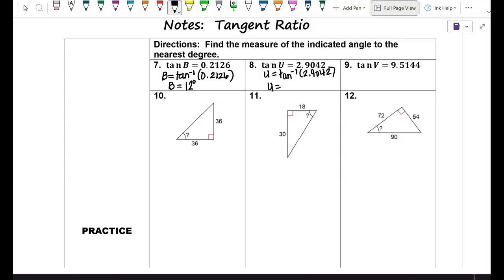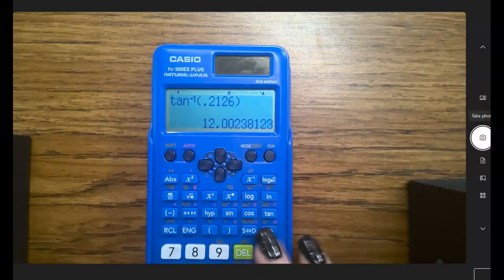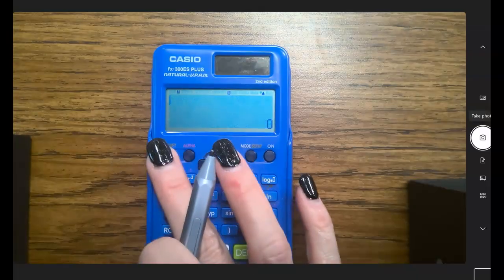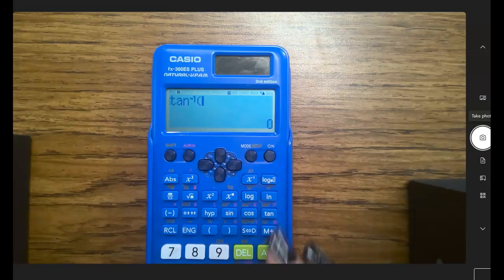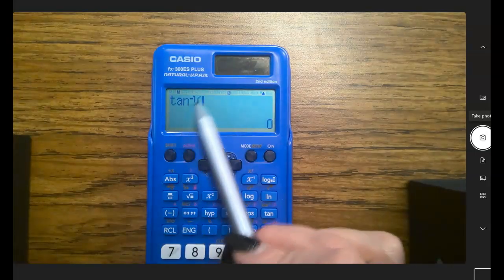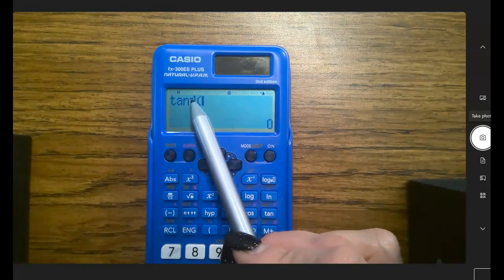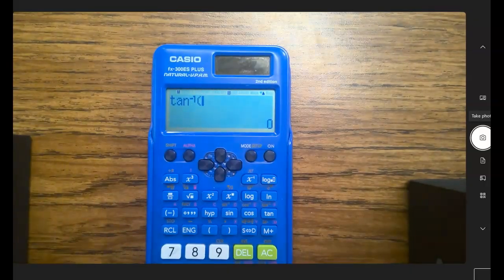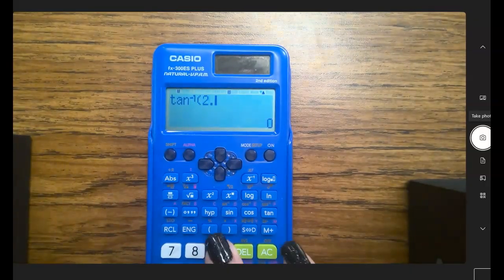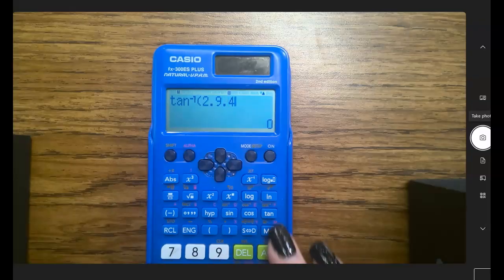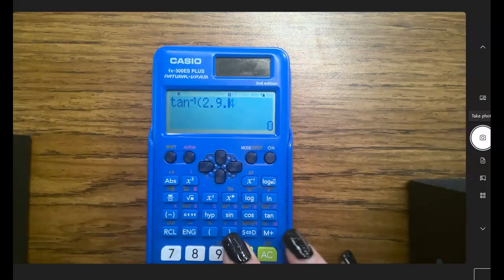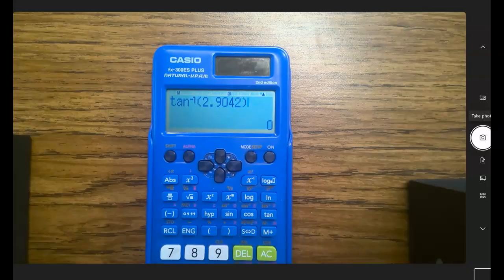We're going to use that inverse tangent function. I'm going to switch over for a moment here. Clear that out. So I'm going to do shift tangent, and I know I've done it correctly because I see that -1 power. Then I'm going to put in that 2.9042. End my parentheses.